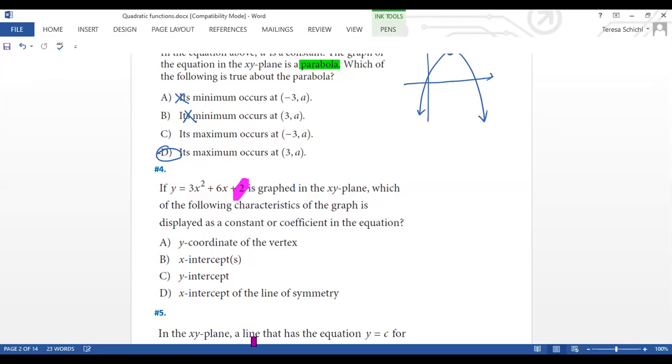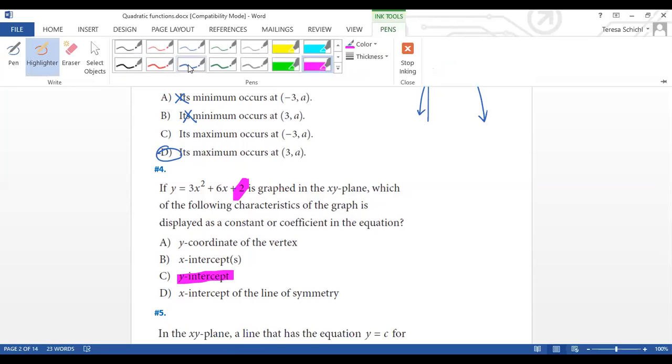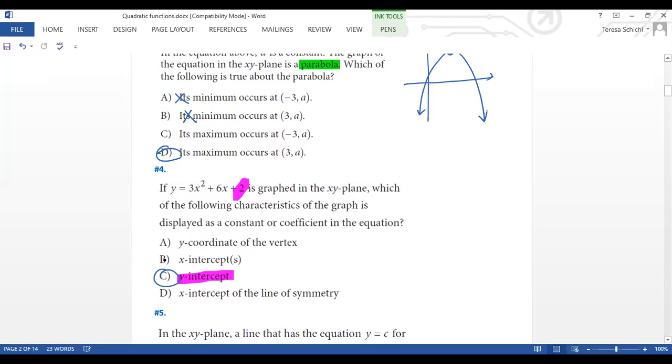From our review, this is x, and this is the y-intercept. All right, so this is our answer.